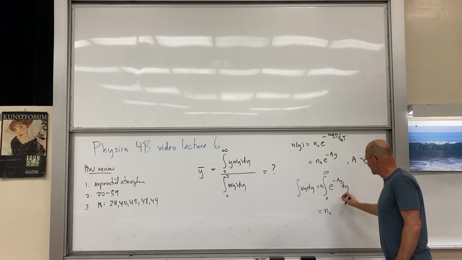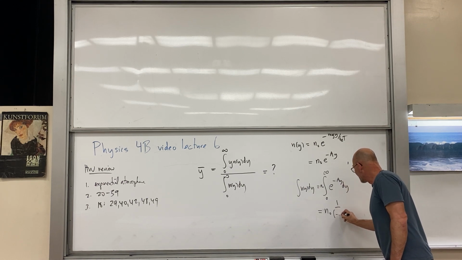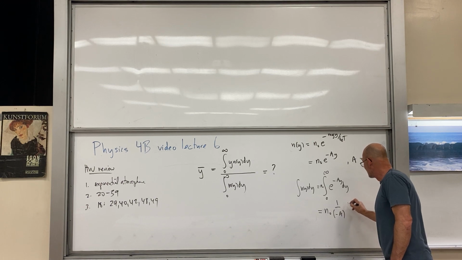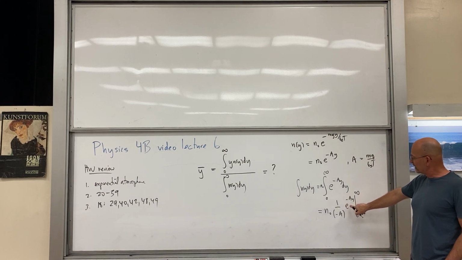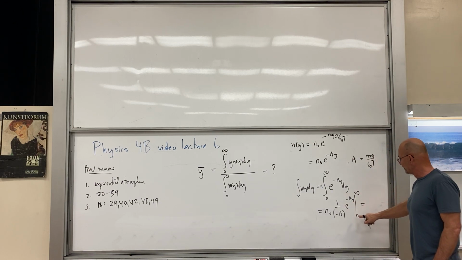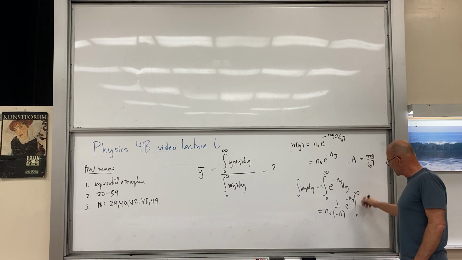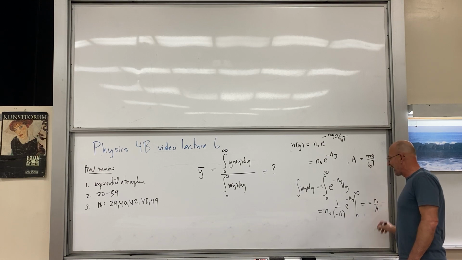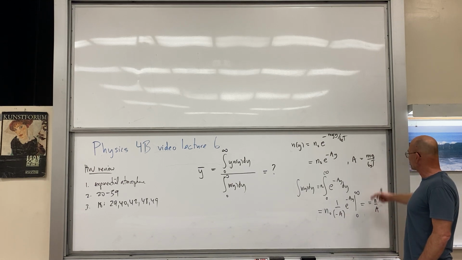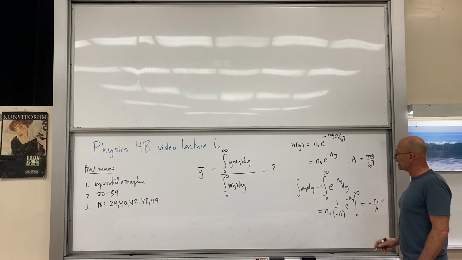So then this 1 over negative a, e to the minus ay, 0 to infinity. Of course, the upper boundary gets killed by the exponential here, and the lower boundary evaluated at 0 is just 1, so that is just equal to n0 divided by a. Okay. And then you can plug that in when you're done.